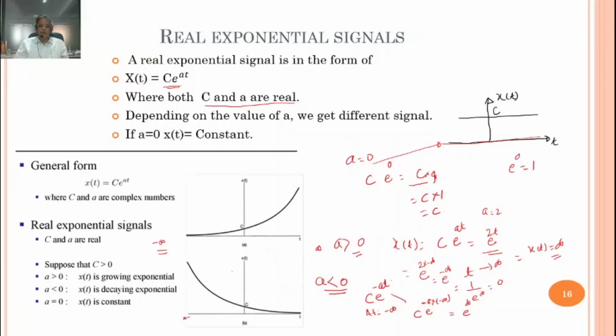Means at t equal to minus infinity, the signal is infinity, and as t is increasing and approaches infinity, that signal becomes 0. Means this nature of the signal is called a decaying exponential. This is decreasing signal, exponentially decreasing signal.